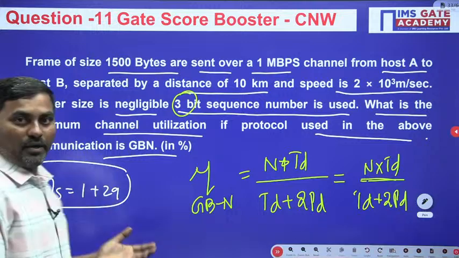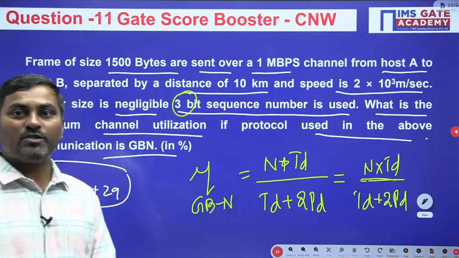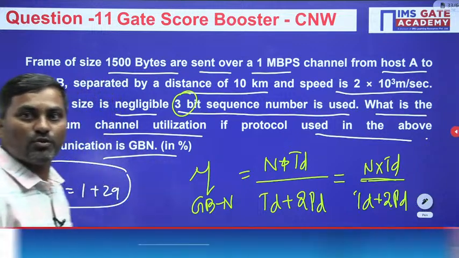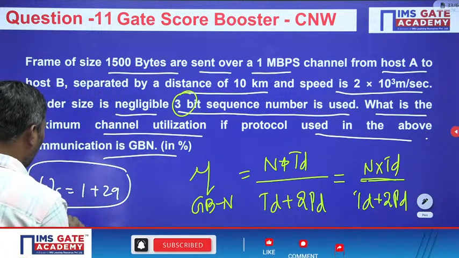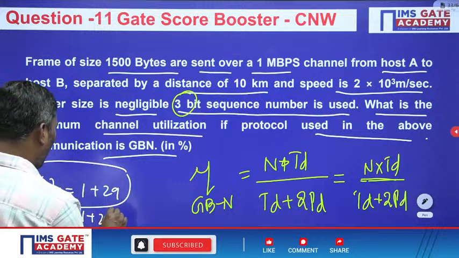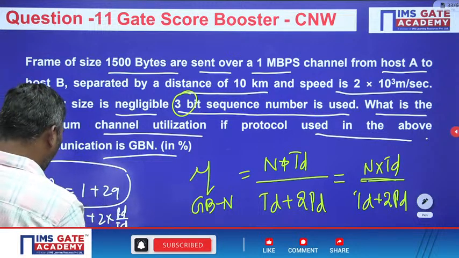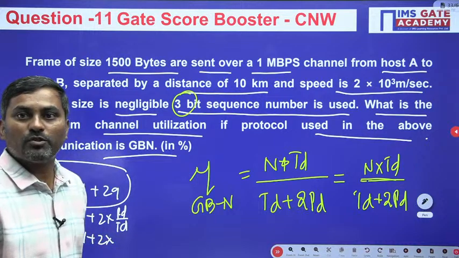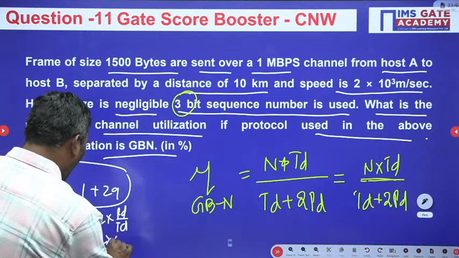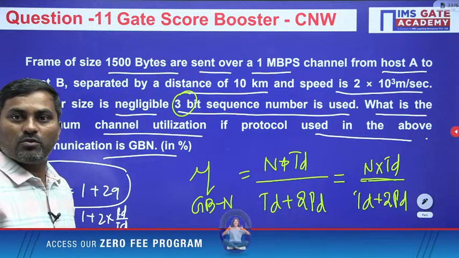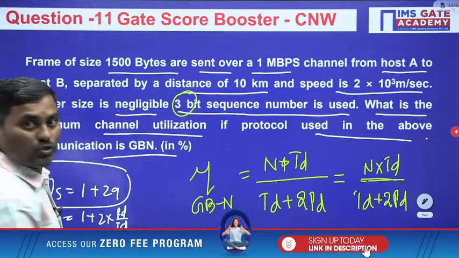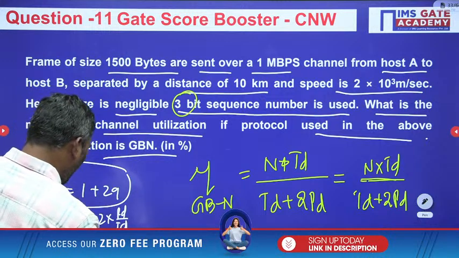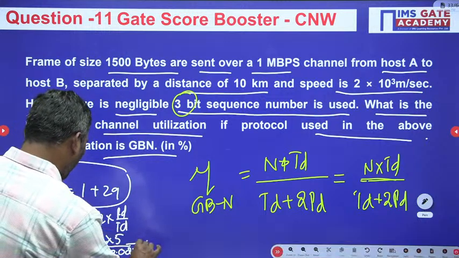Right, number of packets. So the transmission delay you got 0.015 seconds, propagation delay 5 seconds you got. So this is 1 plus 2 times the propagation delay by transmission delay, correct? 1 plus 2 into propagation delay, 5 seconds, divided by the transmission delay 0.0015 seconds.